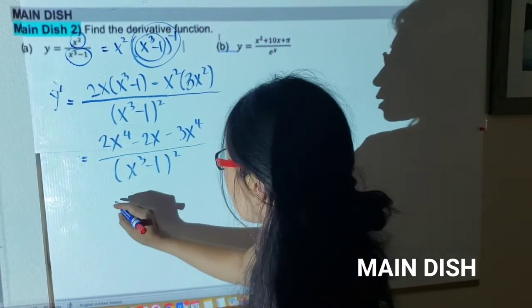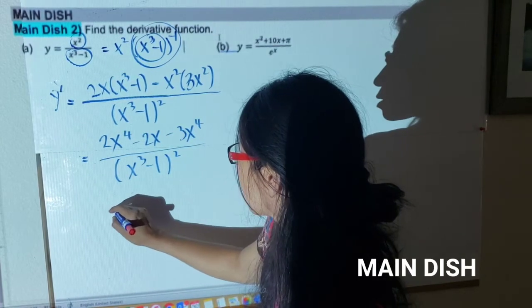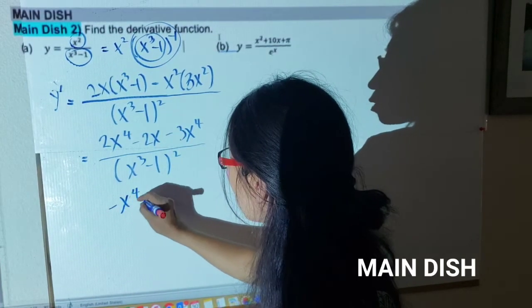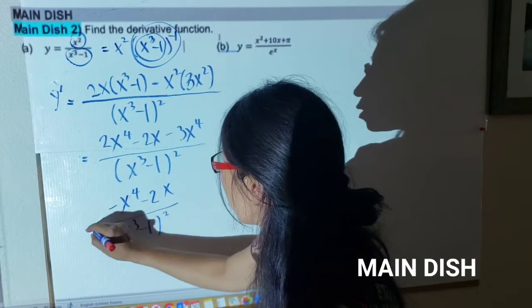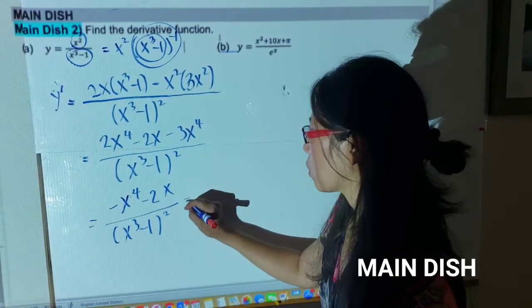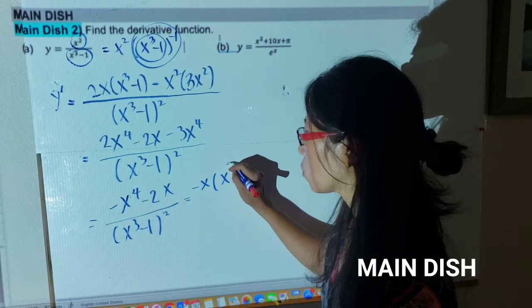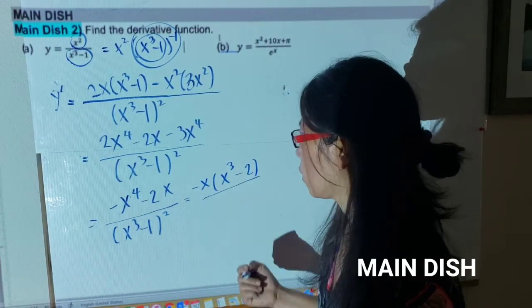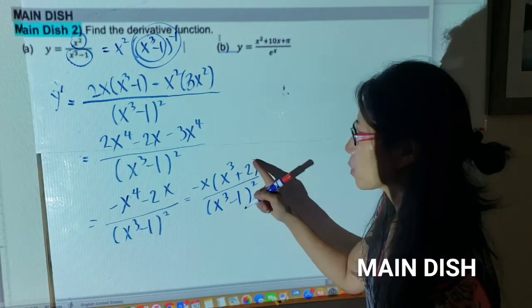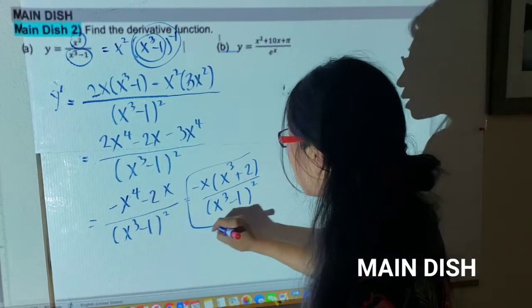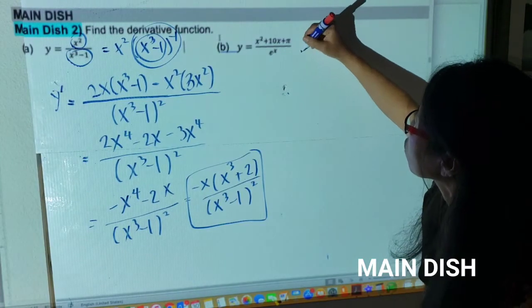And if you organize, I get negative x to the 4th power minus 2x over x cubed minus 1 squared. In this case, actually we have to factor negative x, and you're going to have x cubed plus 2 over x cubed minus 1 squared, because sometimes you can factor it out, right? So that's the answer. Let's do one more.